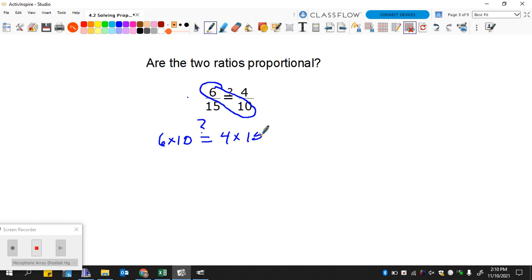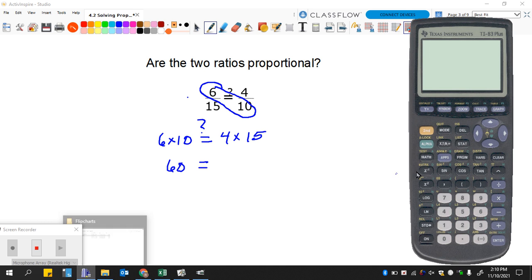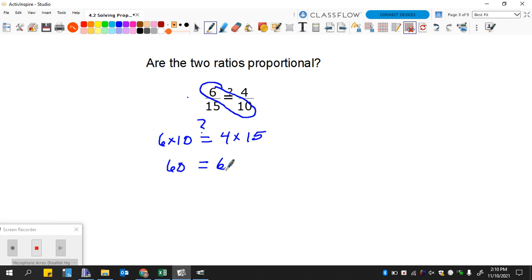Well, 6 times 10 is 60. 4 times 15, if you don't know what that is, we just plug it into the calculator. 4 times 15 is also equal to 60. So are these two ratios proportional? Yes, they are.